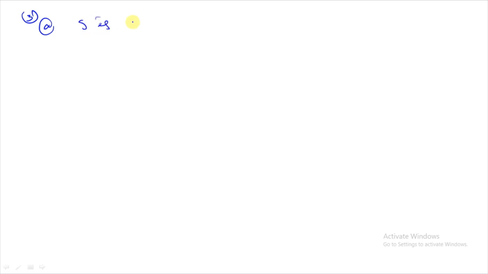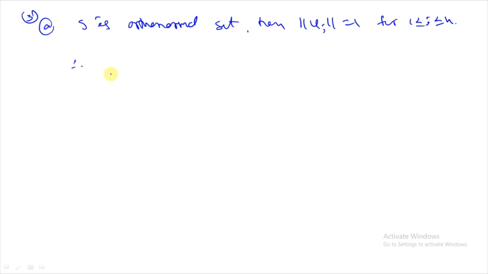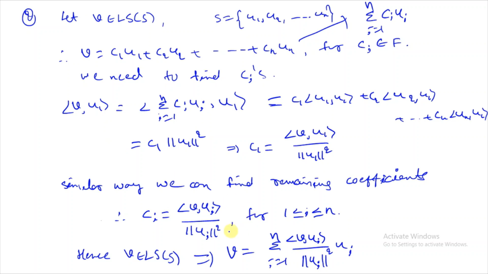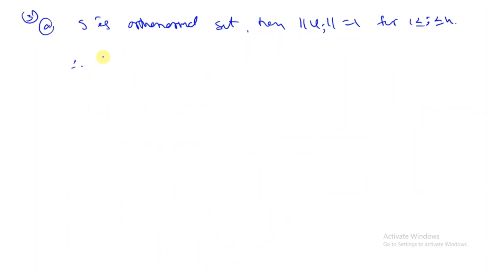Then the length of each vector is 1, each length is 1. Therefore V equal to, in a similar way, V equal to summation i equal to 1 to n of the inner product of V comma Ui into Ui.